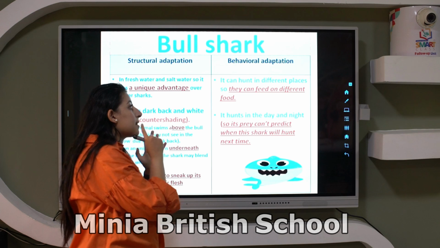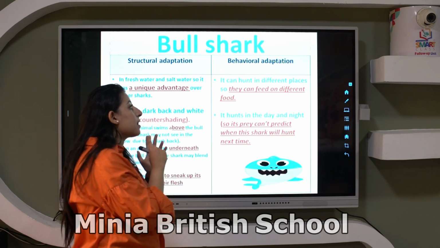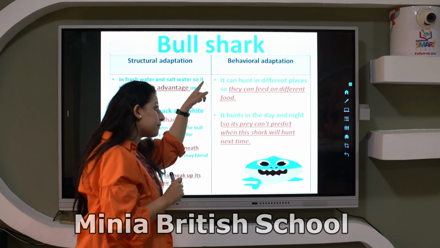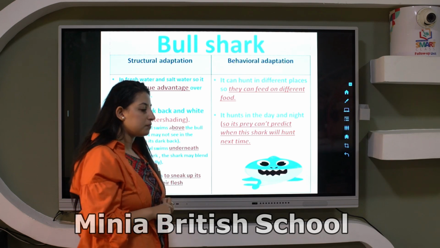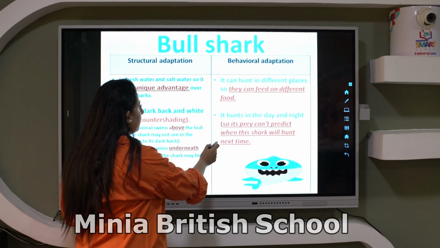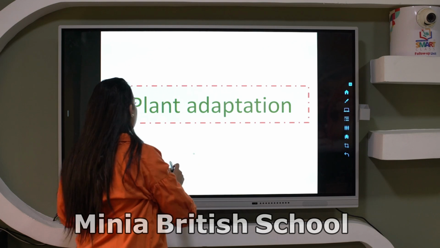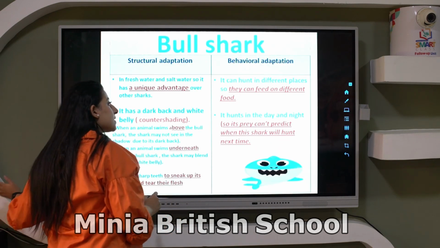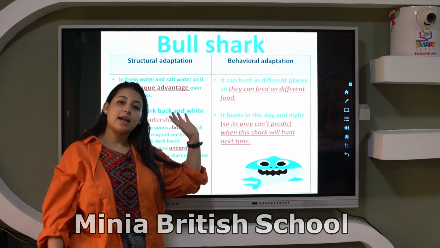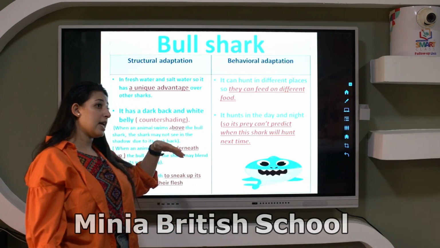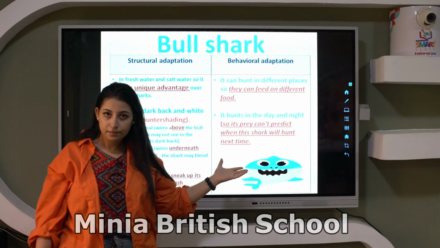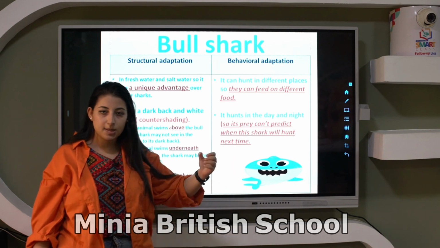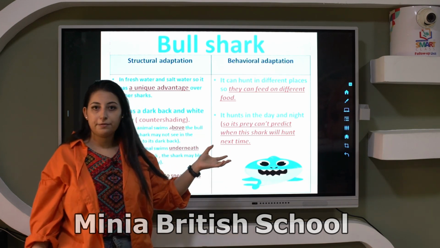So it can hunt at daytime and also at night time. It's related to behavioral adaptation. Also, it can eat any food. We said it lives in fresh water and salt water, so it can eat any food in front of it: jellyfish, octopus, starfish, smaller fish, Nemo fish.